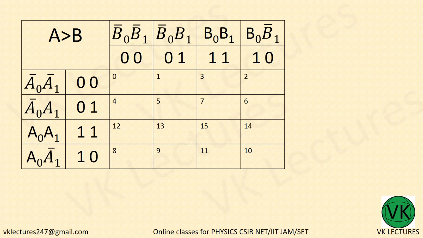Again we have A greater than B. So A greater than B in all other cases, like we have 4, 13, 9 and one more, that is 14. Now we need to group.